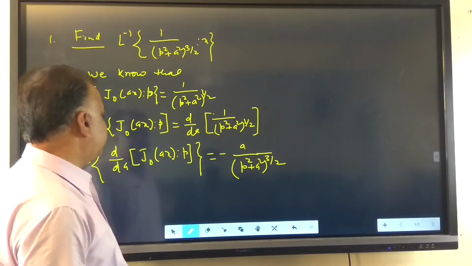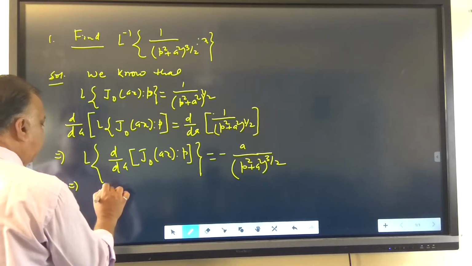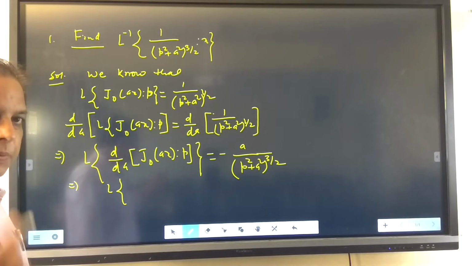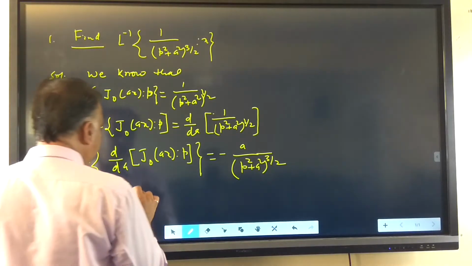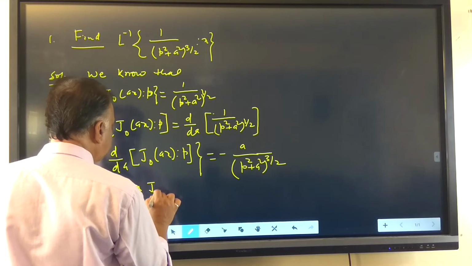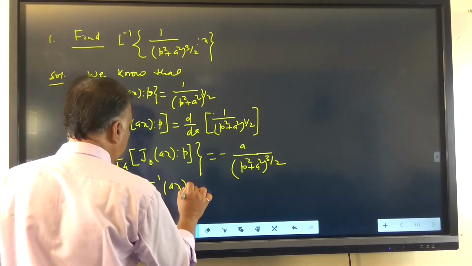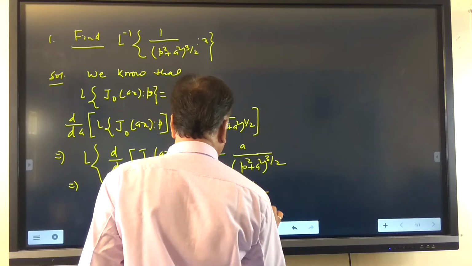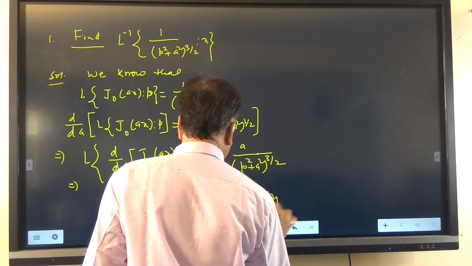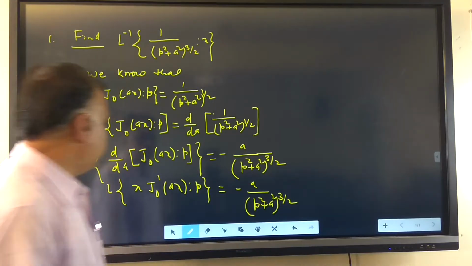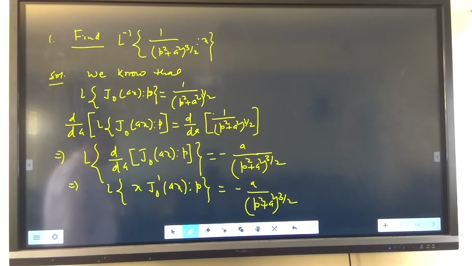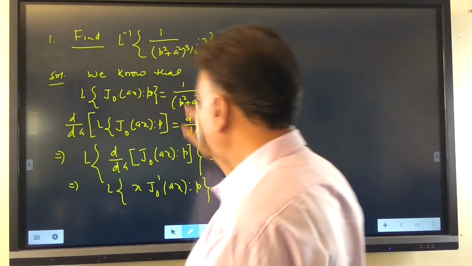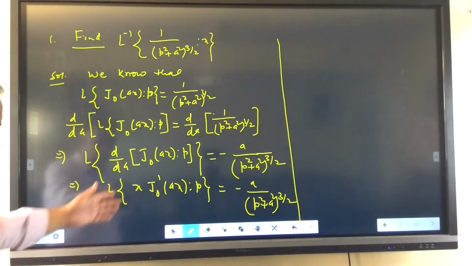Inside the Laplace transformation, this is nothing but x J0 dash (ax) with respect to p, and this equals minus a upon (p square plus a square) whole raised to 3 by 2.